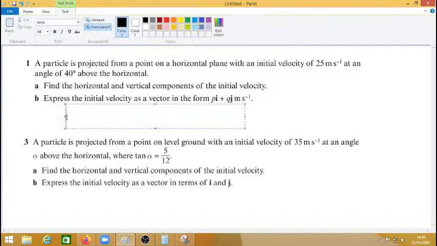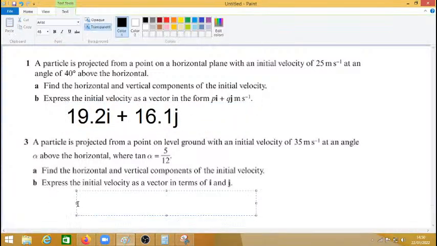So for 1A, the horizontal is 19.15. So for part B, we'd add an I to that, and then we can round that to 19.2, just to get you in the habit of rounding to 3 significant figures. Plus, and then vertically it's 16.069, which can round to 16.1, and we'd put a J on that.